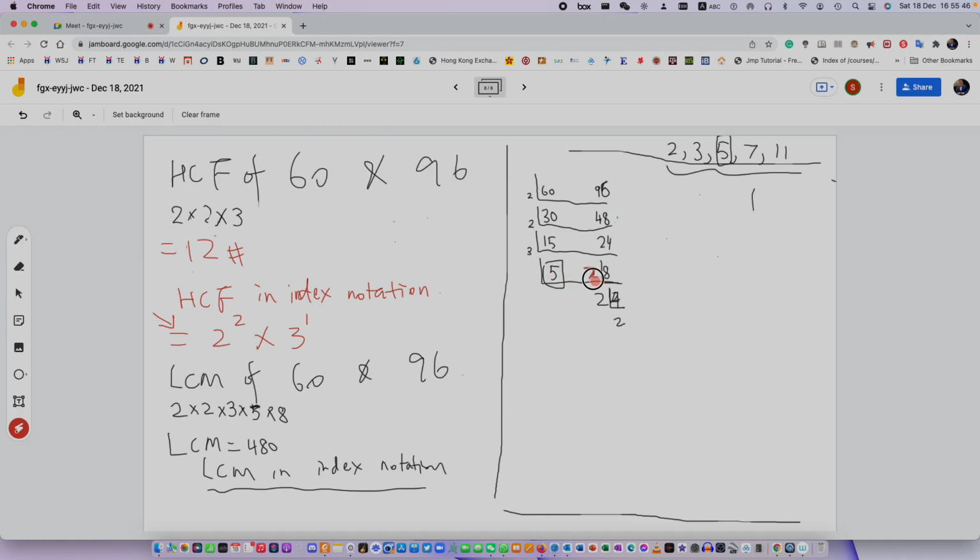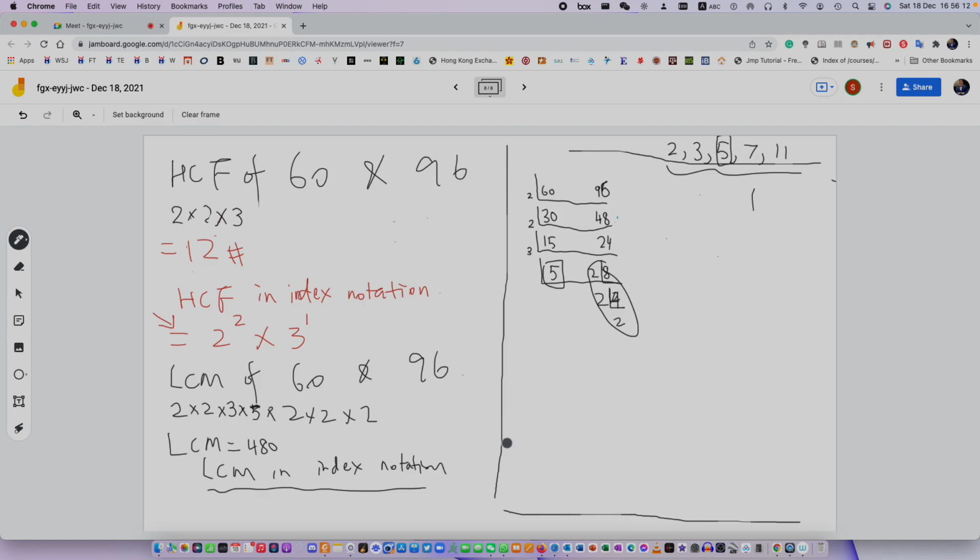But I put the 2 here, because the 2 is divisible by 8. So you can actually simplify the 8 into 2 to the power of 3, or 2 times 2 times 2. Are you clear?